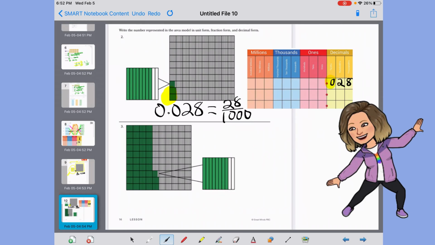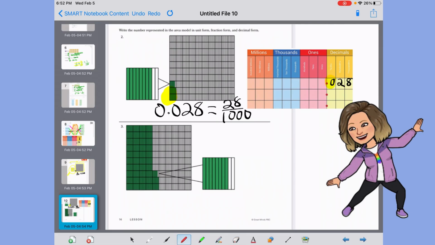All right. We're going to look at number 3 now. We've got a lot more filled in. When I look at this one, I could count every tiny little piece and see how many of 1,000 I have, but that seems ridiculous and really hard because I do see that some of these boxes are full. So I could count those like, well, 10, 20, 30, 40, and see how many out of 100 I have.